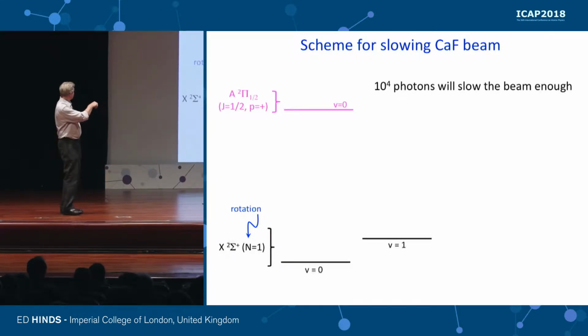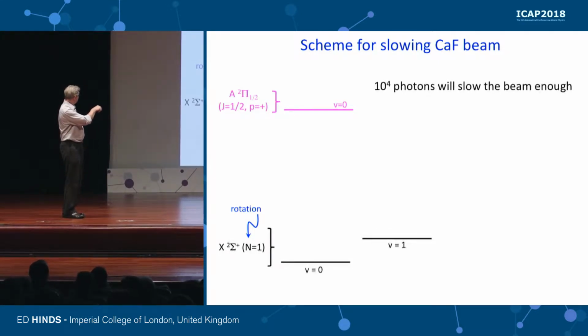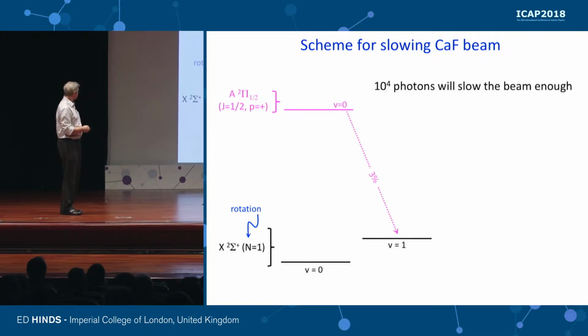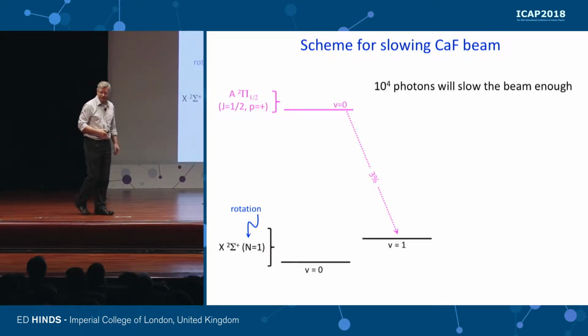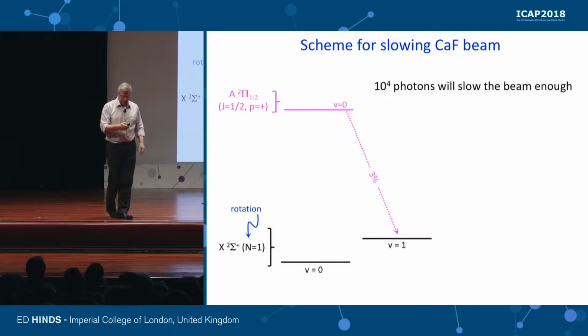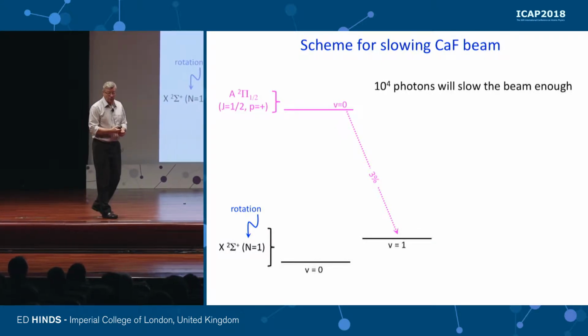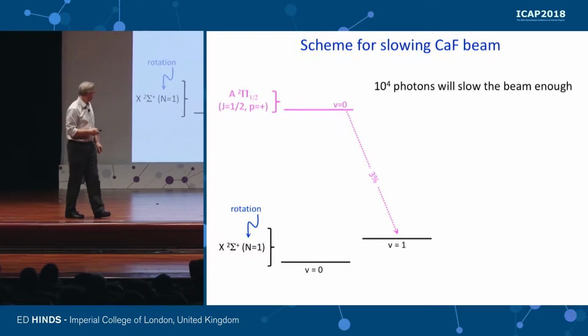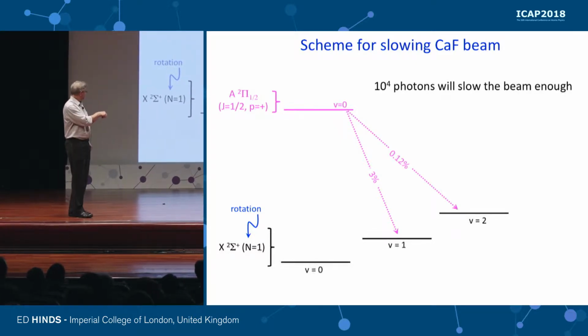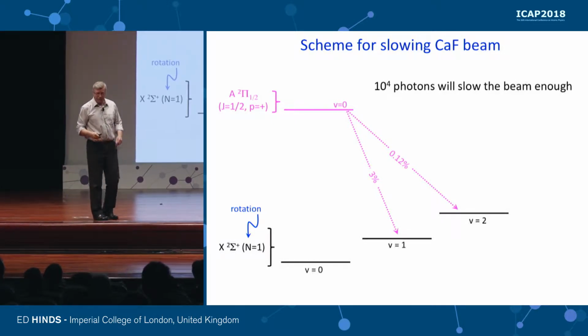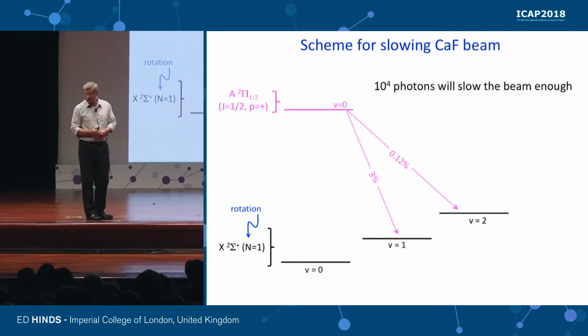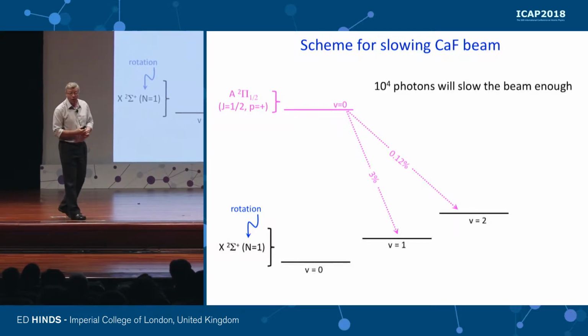Up here is the first electronically excited state, and you could imagine exciting that, but the problem with exciting that is that 3% of the time it will decay spontaneously down to the v=1 level, and 10^-3 of the time it will decay to v=2. So you would have to have a lot of repumping lasers to make this slowing work.